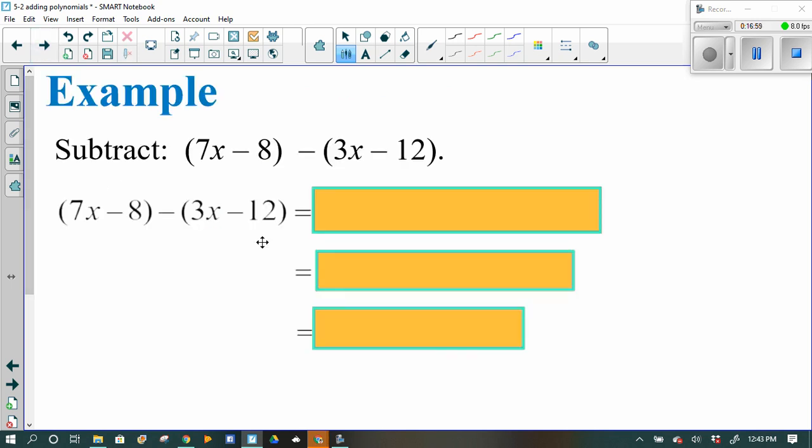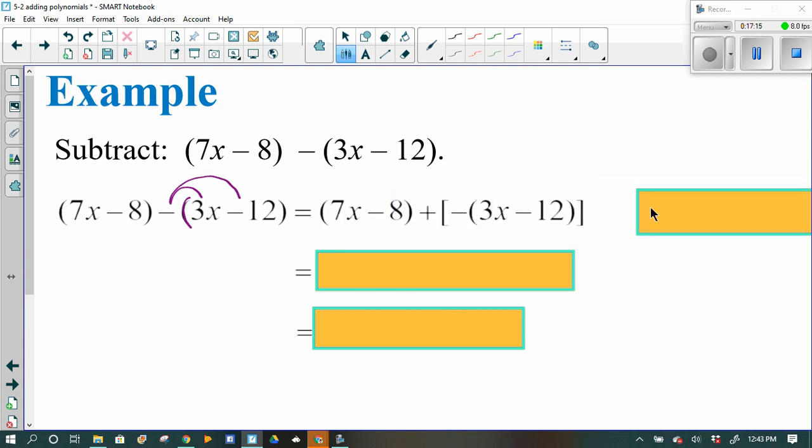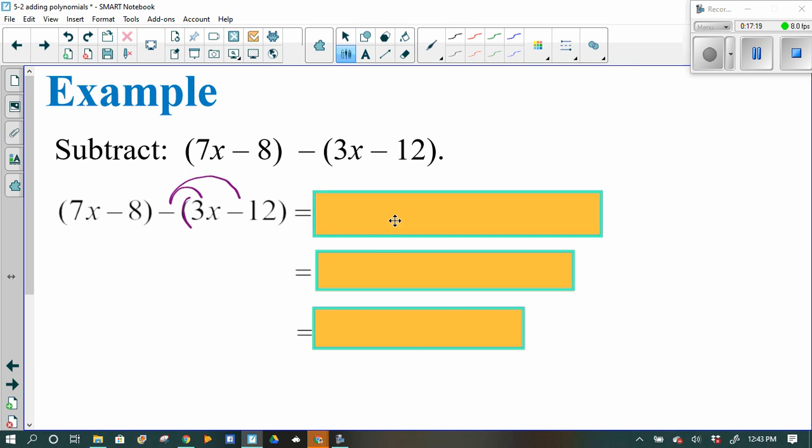All right, so let's do it one more time. So I have 7x minus 8 minus 3x minus 12. Since the minus sign is outside the parentheses, I need to distribute that negative sign to everything inside the second set of parentheses. We'll just do it this way.